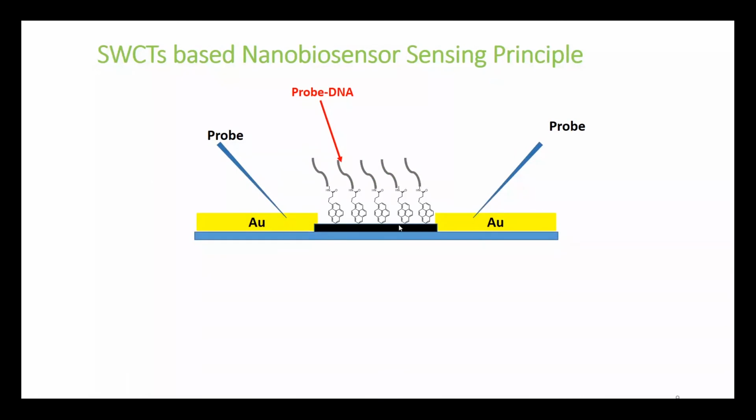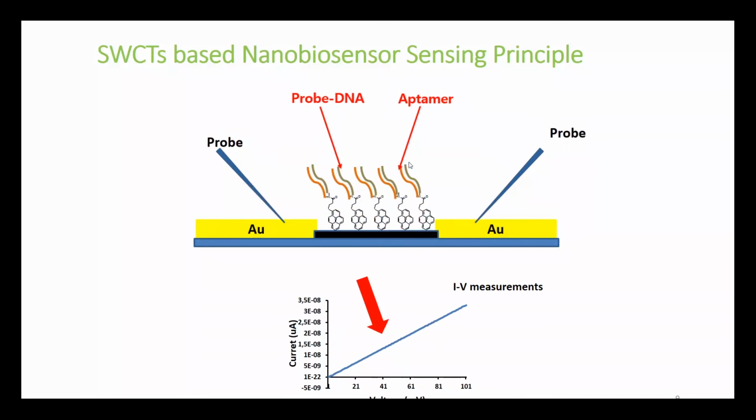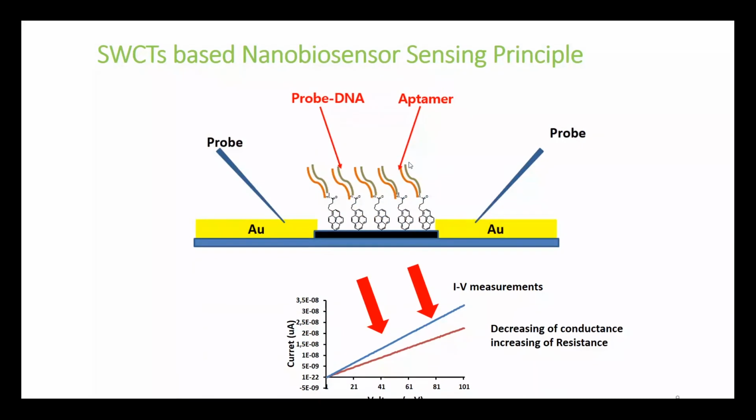Between the electrodes we have a carbon nanotube bridge, and we attach our probe DNA or antibody on top of the carbon nanotube bridge, and we take an IV measurement. This is voltage and current, and using these values we can calculate the conductance and resistance of the device itself. And then we add our sample, the antigen or aptamer binds to the probe DNA, and then we dry the surface and take another measurement.